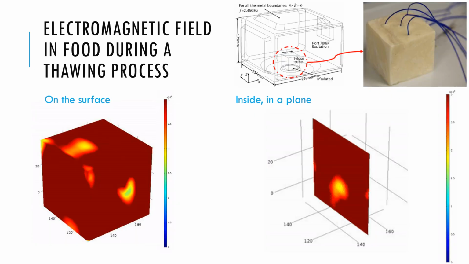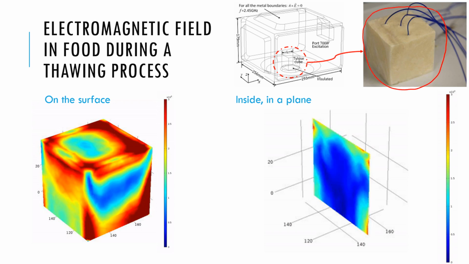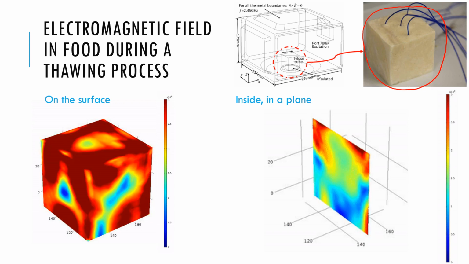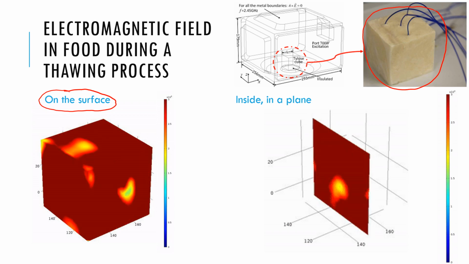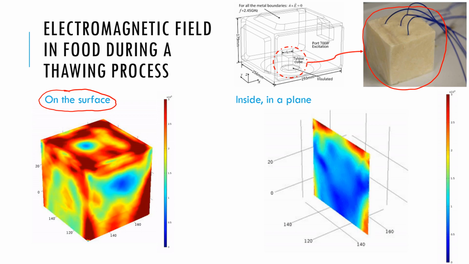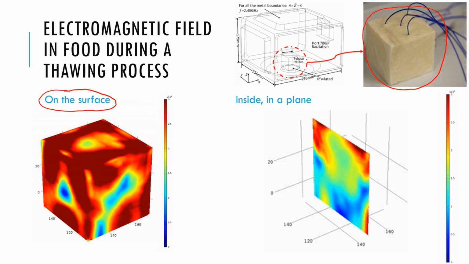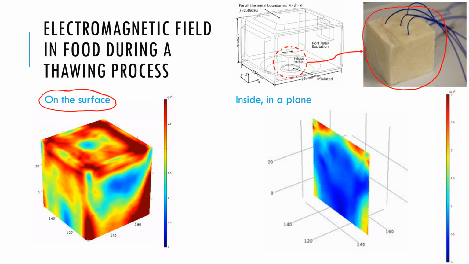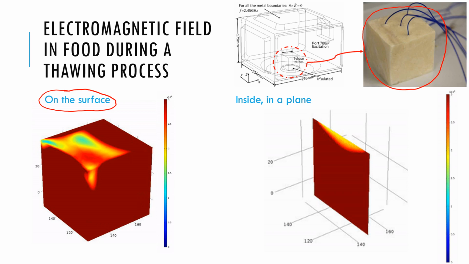So we want to look at the field inside this cube, not in the oven, but in the cube. So on the left, what is shown is electric fields on the surface of the cube. So this is not inside, which we'll see in a second. So this is on the surface, and what you see is how the field on the surface changes as the material thaws, and therefore its dielectric properties change.